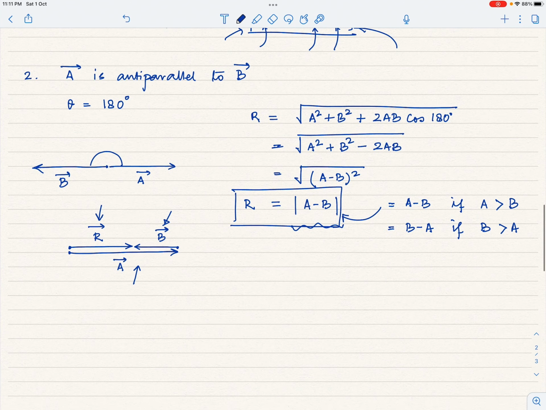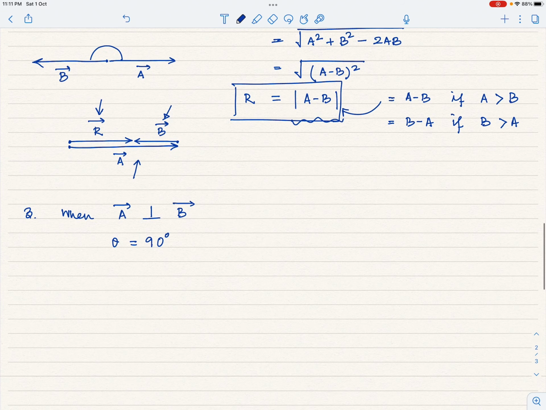The third special case that we can take here is when vector A is perpendicular to vector B. If the two vectors are perpendicular, that means the angle between them will be 90 degrees. Do we understand this? If vector A is like this and vector B is just perpendicular to it, like this, do we see that the angle between them will be 90 degrees?